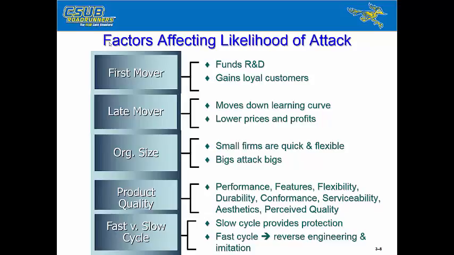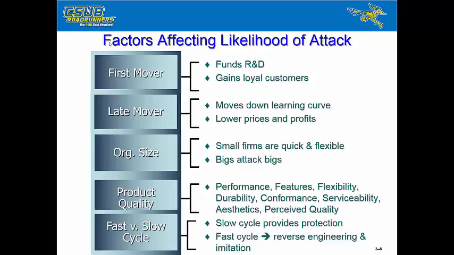So some of the factors influencing the likelihood of an attack are being a first mover, things like having funds for research and development and gaining loyal customers because you're the first one to make a move in a certain market. Also, being a late mover could be a reason for attack, to move down the learning curve, to take advantage of the learning curve that other firms have already gone through, and to lower prices and profits in a certain industry.